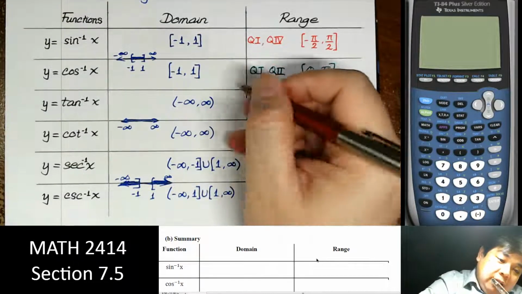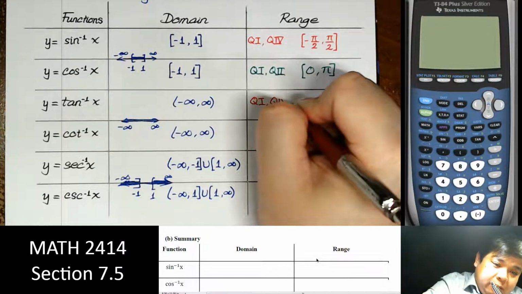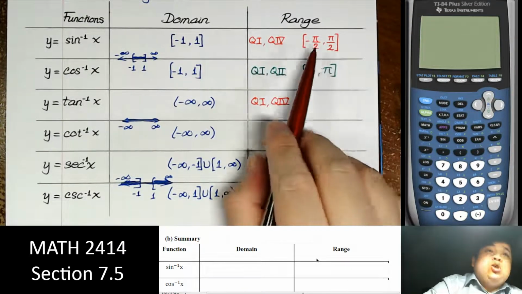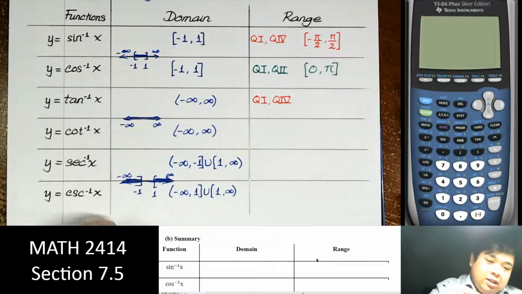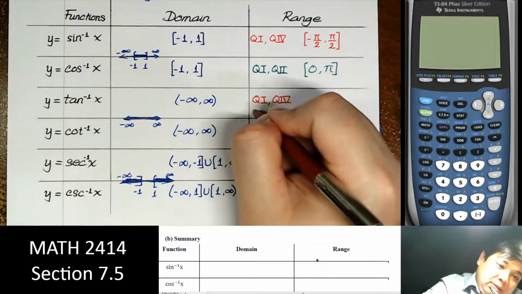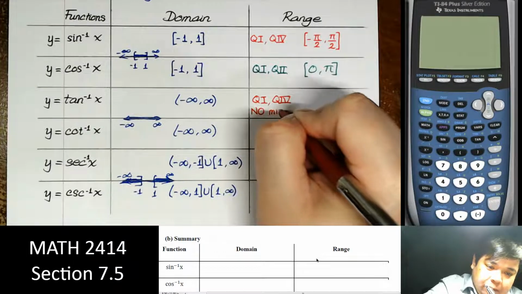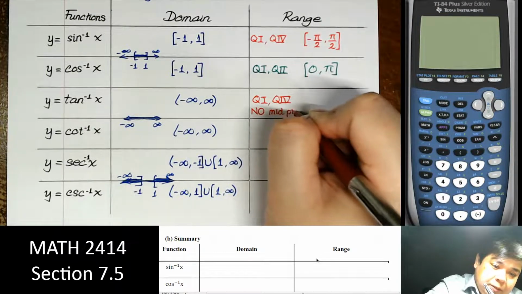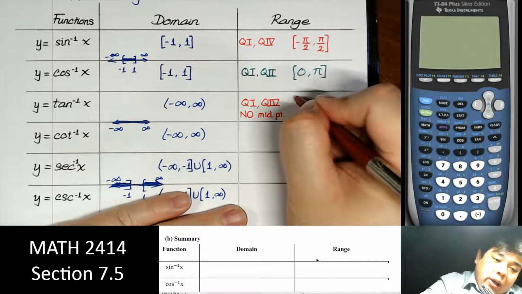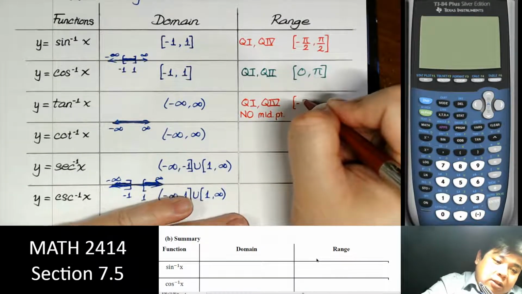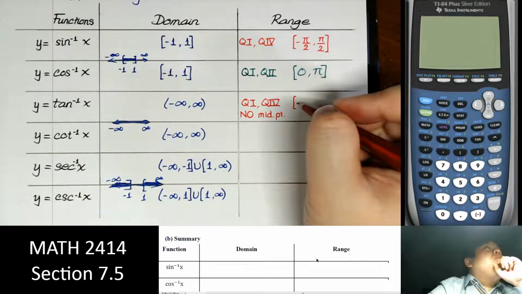So Q1 and Q4, like this, except there will be no endpoint.